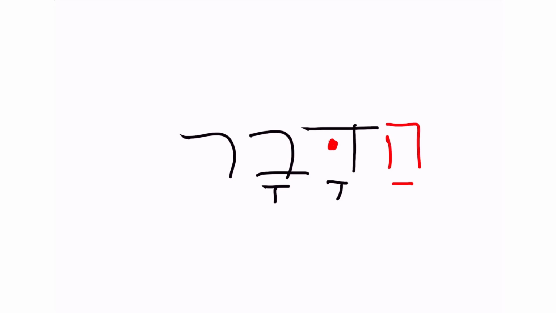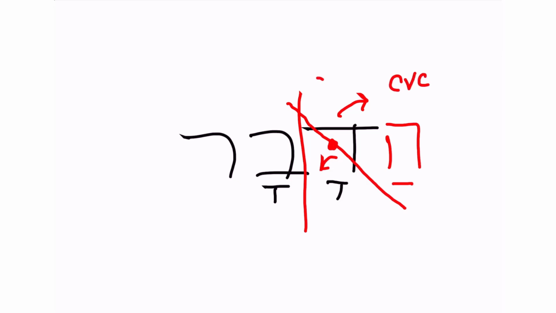And if you were to divide that into syllables, you would have a CVC here, and you would have a doubled radical here. So one would be going this way to close that syllable, and one would be going that way to start the second syllable. So you'd have a CVC, and then a CV, and a CVC.